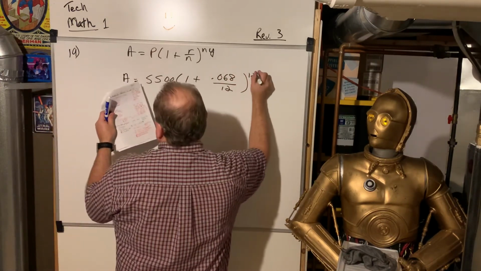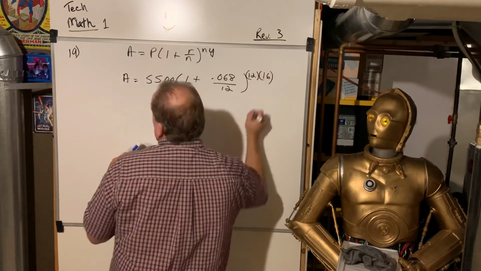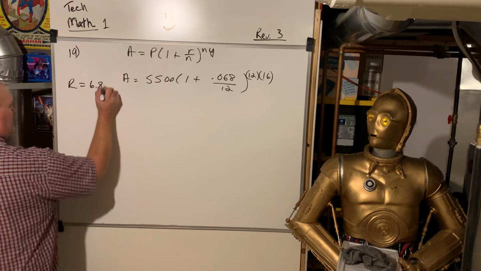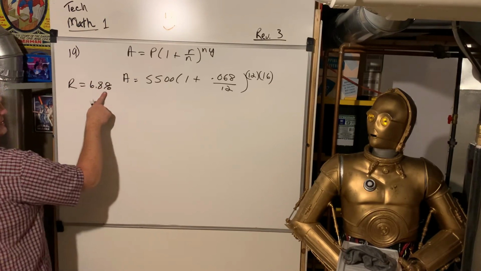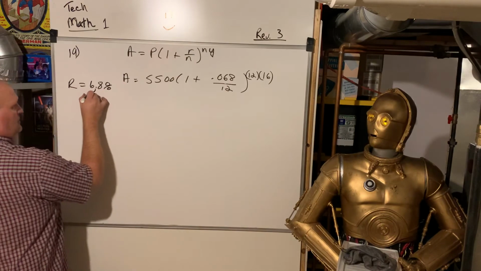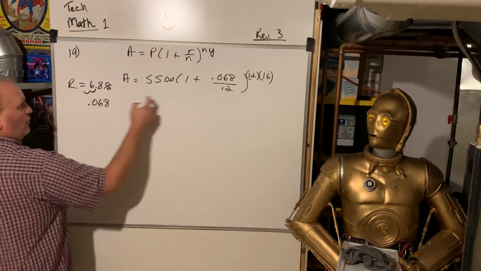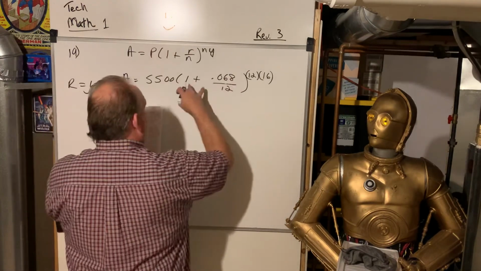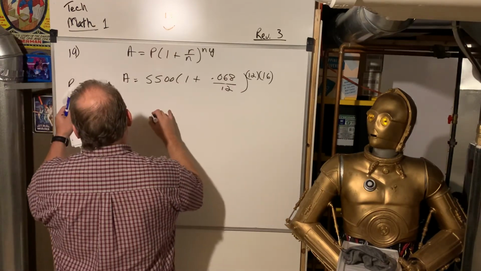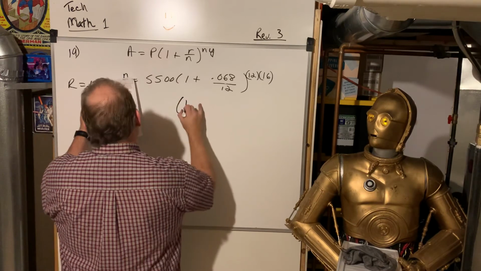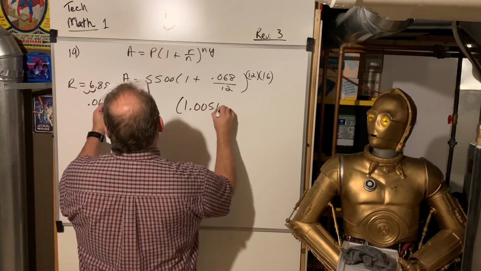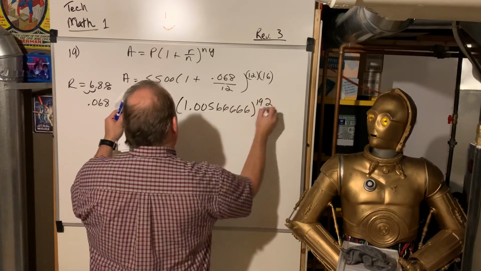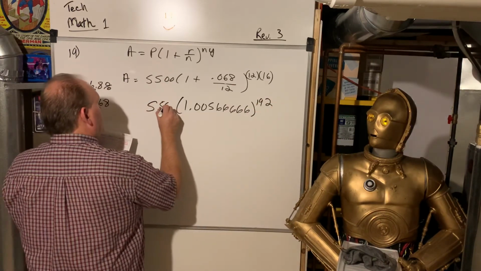One trick on this guy, they give you the rate as 6.8. That's percent. And so you have to change it to a decimal 2 places to the left before you insert it, okay? Okay, and then you divide that and add the 1, and you should end up with this 1.005666666, a bunch of 6's in there, to the 192nd power, still times 5500.